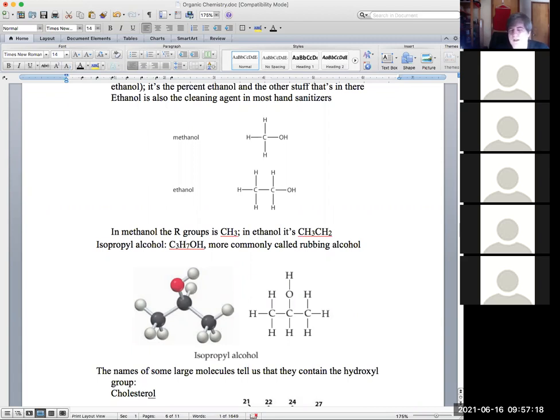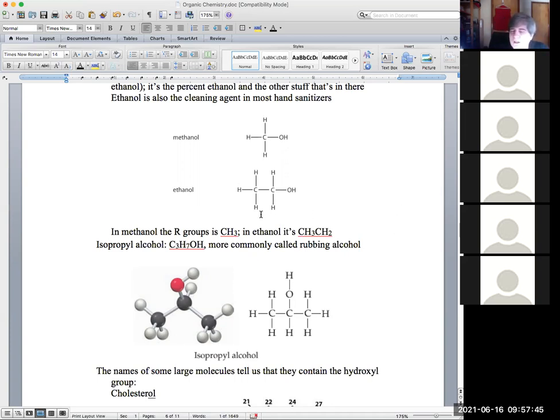Now, notice ethanol is called grain alcohol, and grain alcohol can kill you, but it's not as poisonous. So grain alcohol, ethanol, is the type of alcohol that people have been known to drink. And notice if you're drinking alcohol, it doesn't really matter whether you're drinking beer or wine or some type of hard liquor like whiskey.